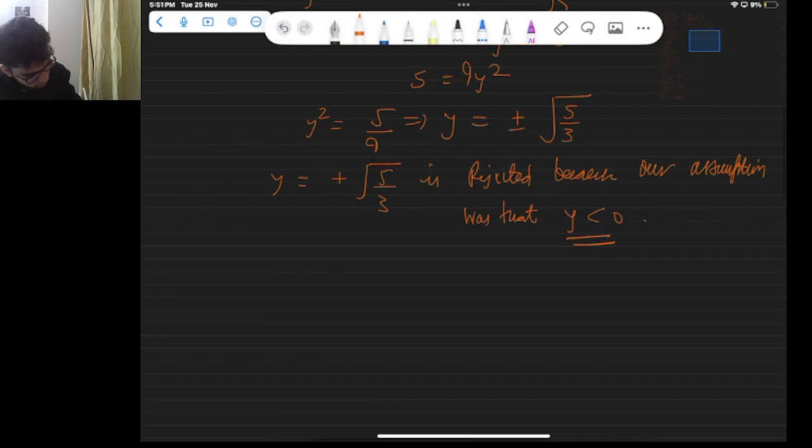So the only value possible here is x is equal to 0 and y is equal to negative root 5 upon 3.